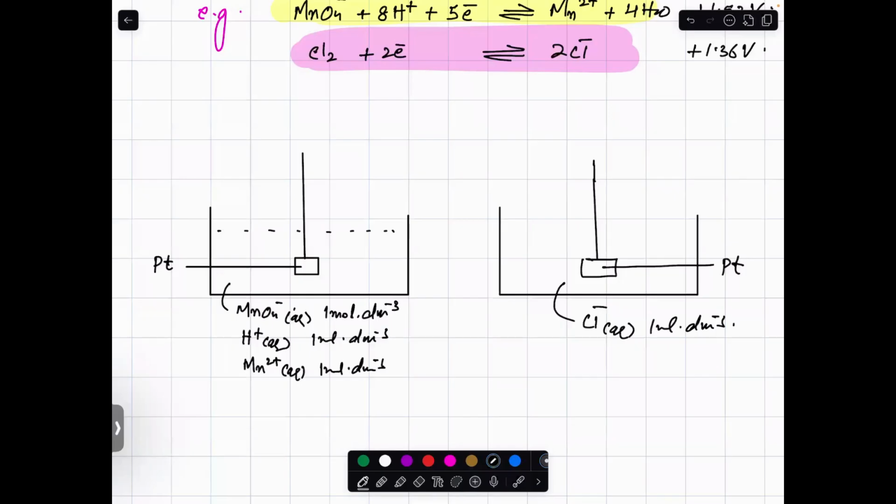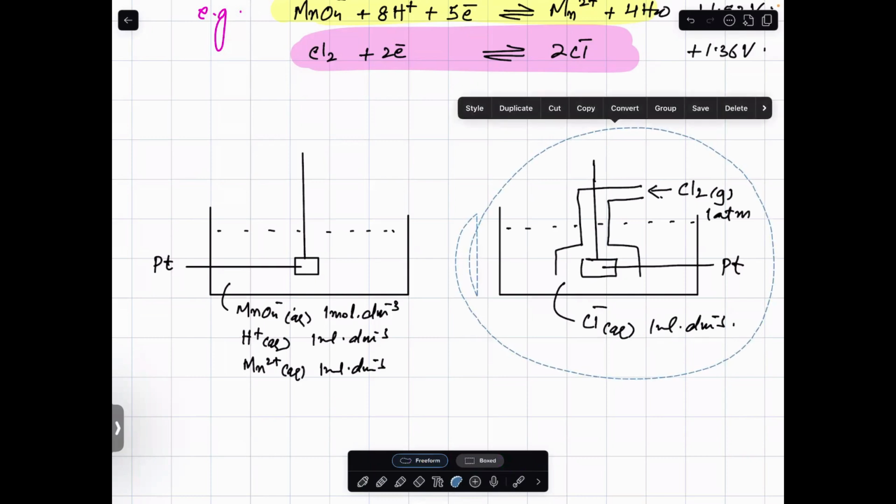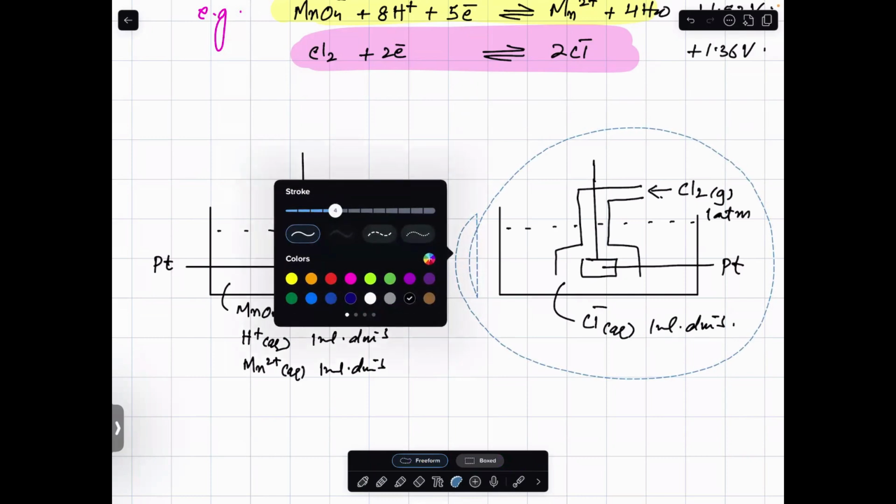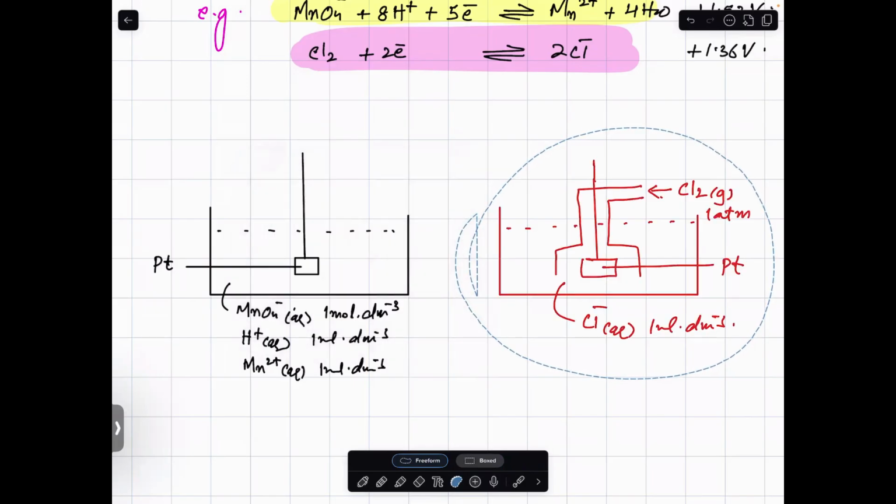And this is the closed container, the glass bell. And what is coming? Chlorine gas at 1 atmospheric pressure. Right? So this is the chlorine, chloride, and this is the manganate.